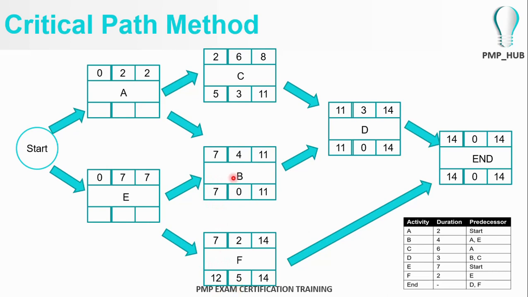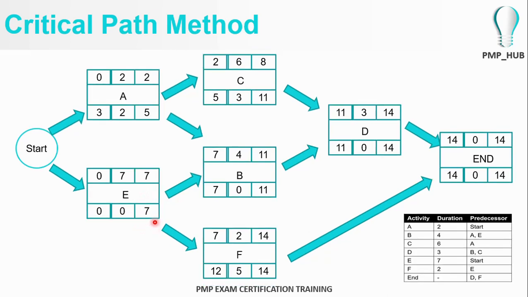And since B and F are waiting for the output of E, and B's latest start time is 7 days, the latest finish time of E should be 7 days, because B is waiting for E, and only if this completes by the 7th day can B start. So the latest finish time of E would be day number 7. Same goes here.